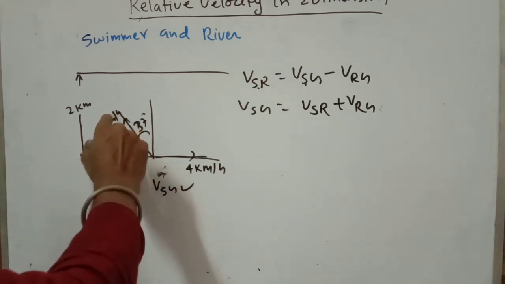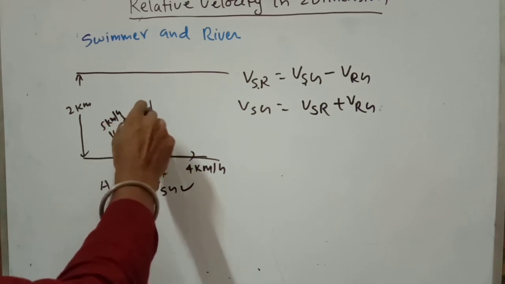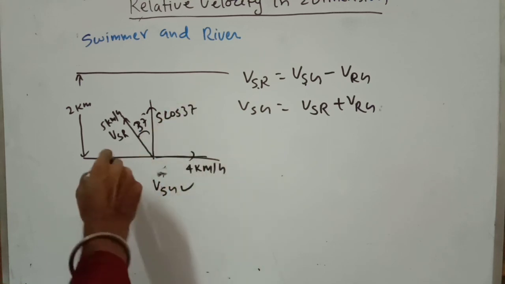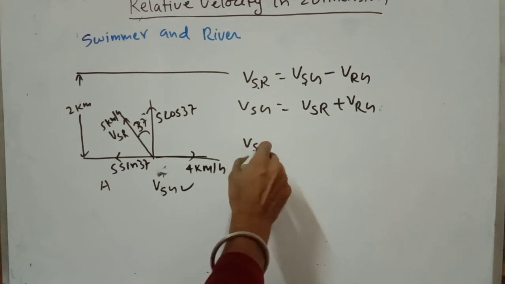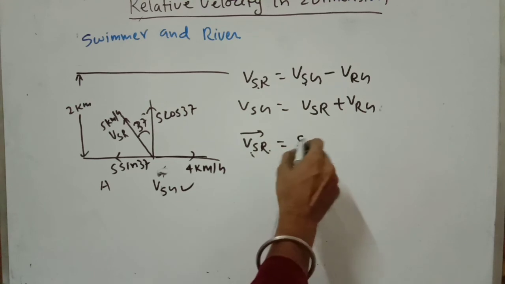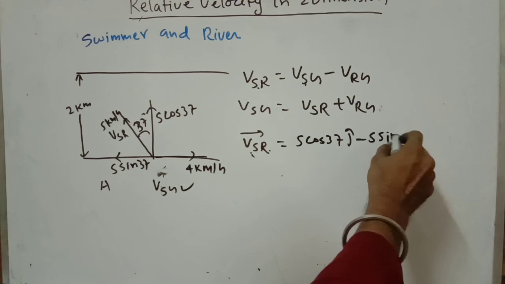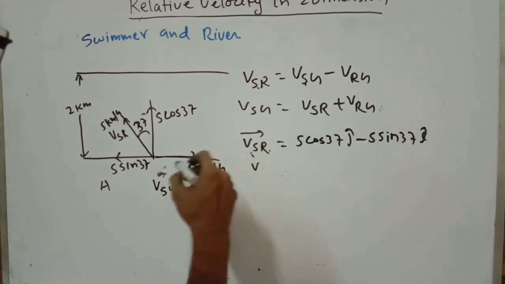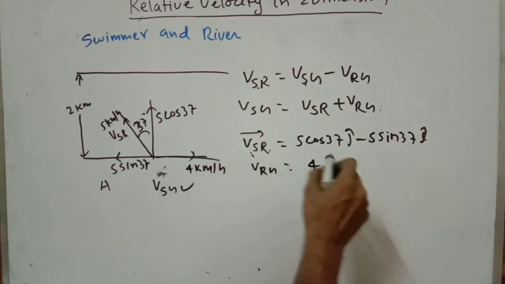Now break the velocity of streamer with respect to river into two components: 5 cos 37 and 5 sin 37. So the velocity of streamer with respect to river is 5 cos 37 j cap minus 5 sin 37 i cap, and the velocity of river with respect to ground is 4 i cap.